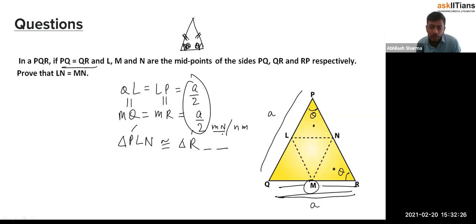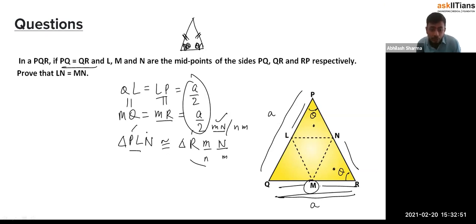If MN comes, then PL must be equal to RM. Is it true? Yes, that's true. So MN will come here. We can't put NM here because then correspondingly PL must be equal to RN, but PL equal to RN is not true. It is not given.